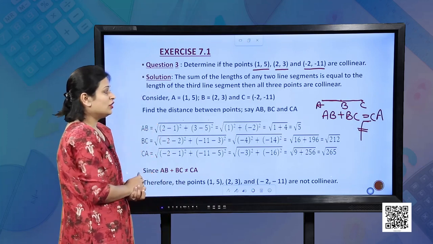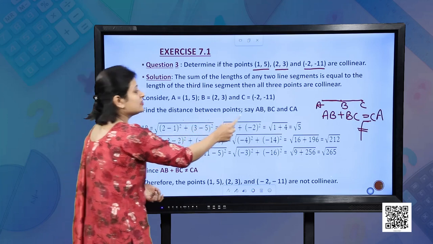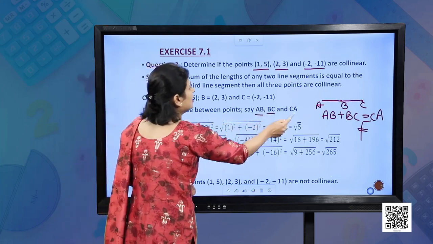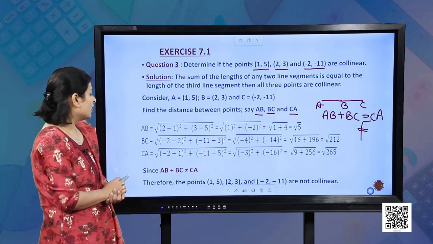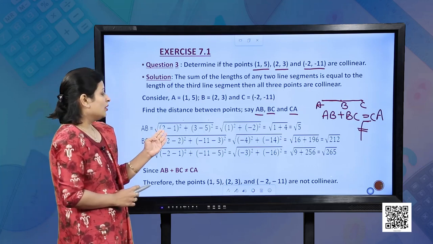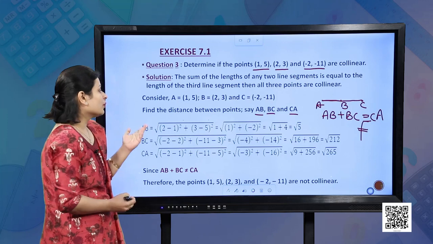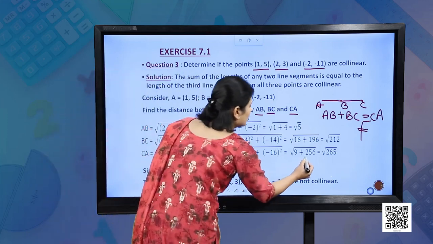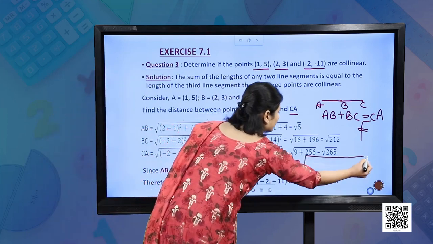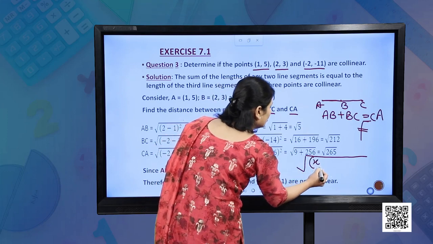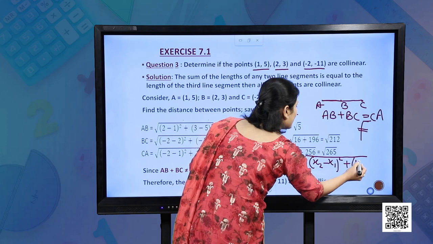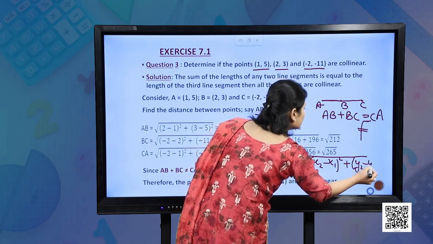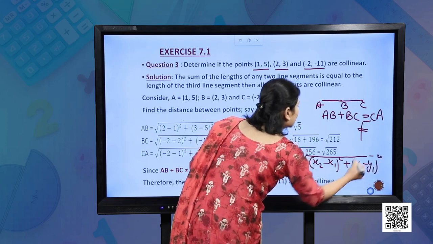So for this we need to find the distance between points AB, BC and CA by using the distance formula. For AB, use the distance formula. What is the distance formula? Square root of x2 minus x1 whole square plus y2 minus y1 whole square.